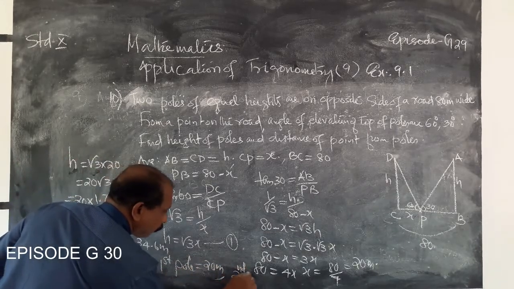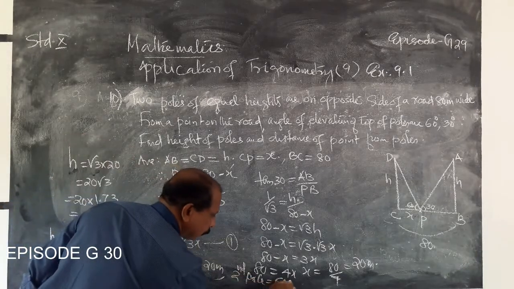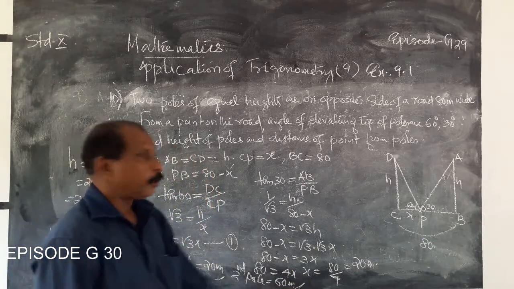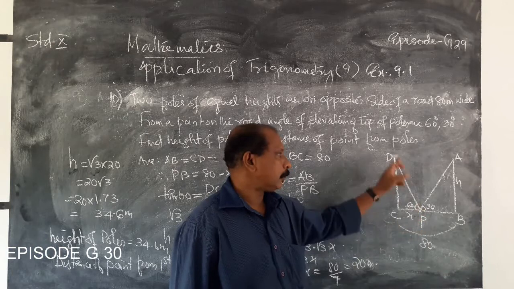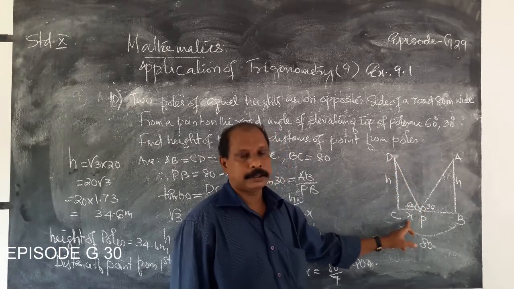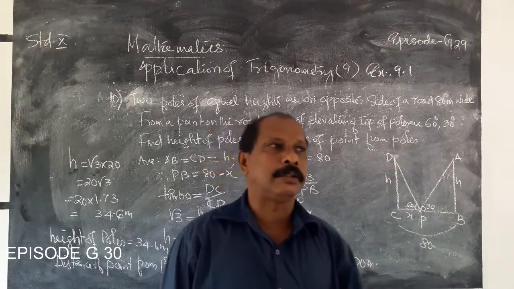The second pole is 80 minus 20, 60 meter. That means using the first triangle BCP, tan 60 is equal to h by x. Tan 60 is root 3, so root 3 is equal to h by x, therefore h is equal to root 3x.